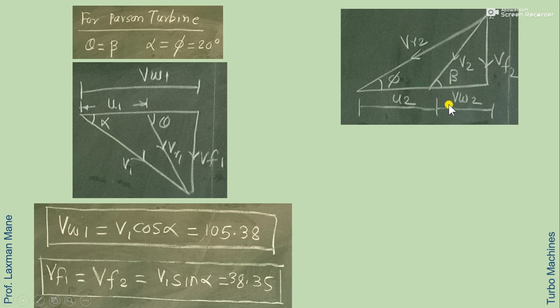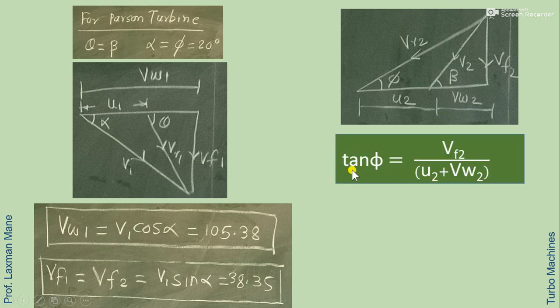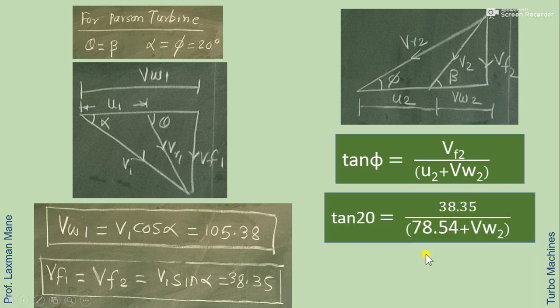After that, using the outlet velocity triangle and the tan phi relation, that is Vf2 upon (U2 plus Vw2), you can obtain the value of Vw2, because here phi is known, Vf2 is calculated over here, and U2 is also calculated in the last slide.